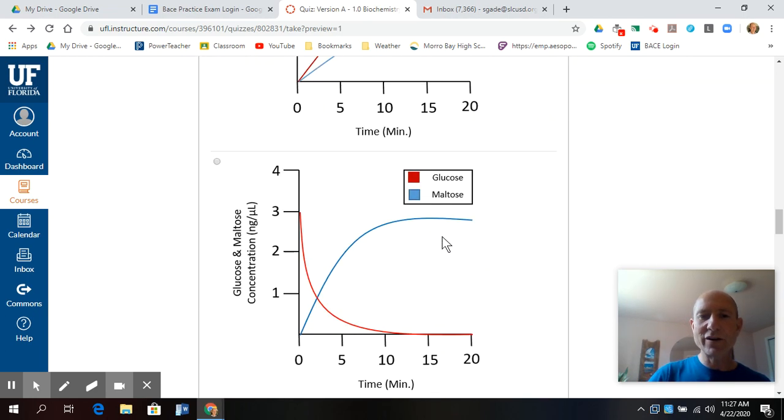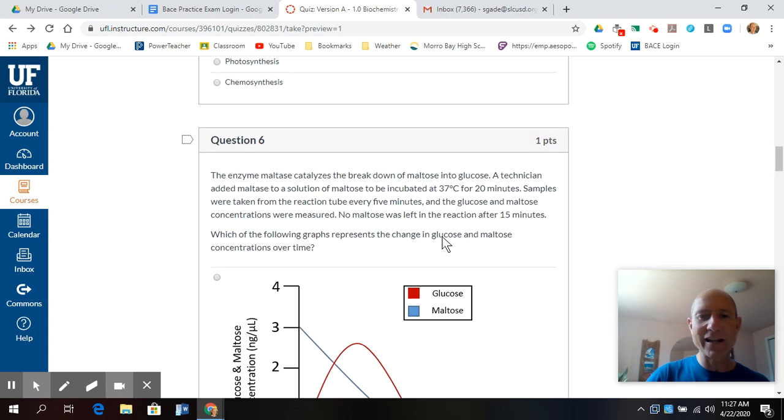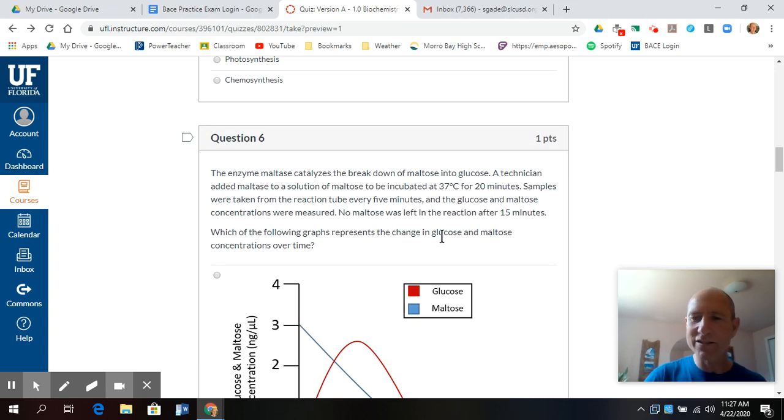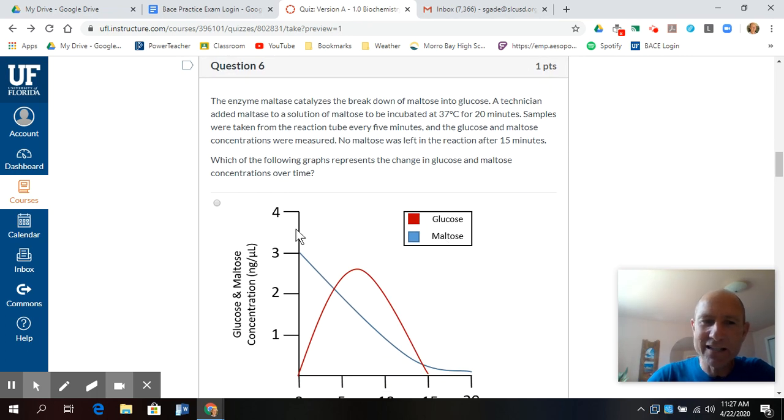Okay, this question right here, you don't even have to know what glucose is or maltose. It doesn't matter. This is a graph reading question. This is studying your graph reading skills. So when you see stuff like this and you see these things that might tend to freak you out, just relax. All they're asking you to do is read a graph. The enzyme maltase catalyzes, that means speeds up, the breakdown of maltose into glucose.